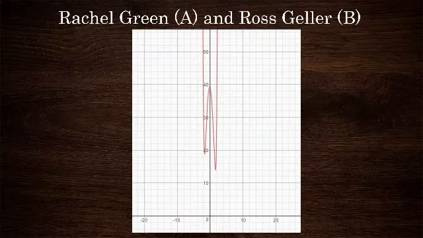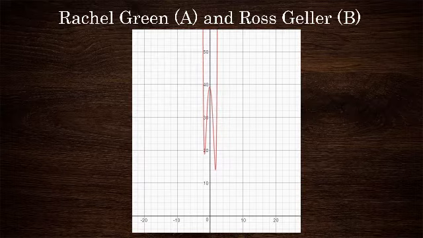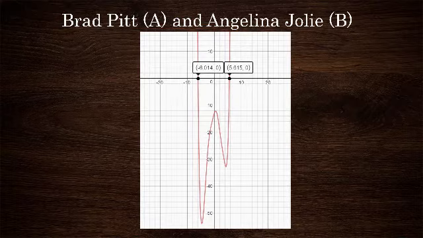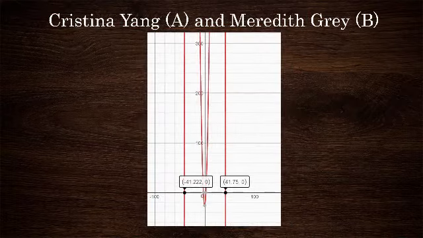She shows us how if you use that equation with actual couples, it actually does seem to predict how long their relationship is. And she explained how, depending on the shape of that graph, depends on who dumps who. She does another couple of examples for us: Brad Pitt and Angelina Jolie, Christina Yang and Meredith Grey.